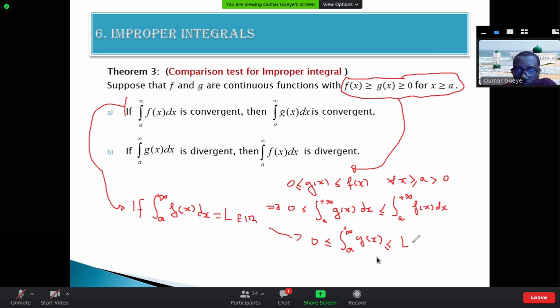So the integral of g is equal to a number for sure, because if you have two numbers, anything between them should be a real number too. And if this integral equals a real number, it means it's convergent. That's the meaning of this result. Any question?